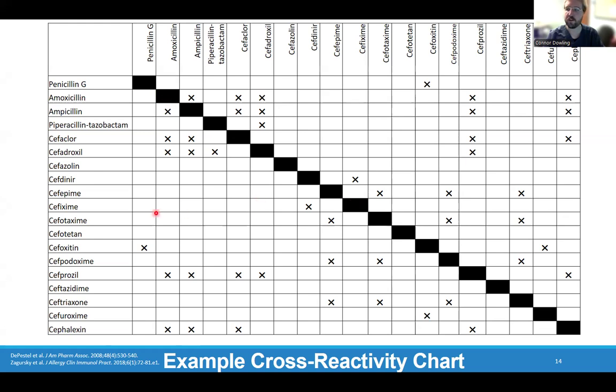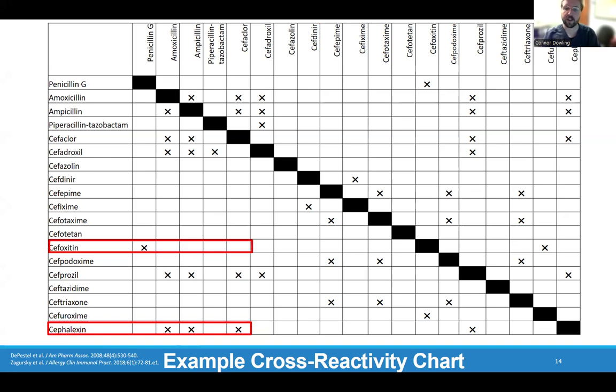In terms of what we would see between different beta-lactams and where they might cross-react, we'll start with cephalexin. As you can see, cephalexin shares that similar R side chain with amoxicillin, ampicillin, and cefaclor. So if we were administering cephalexin to a patient with a history of an allergy to any one of those three agents, we would be concerned about the risk of cross-reactivity.